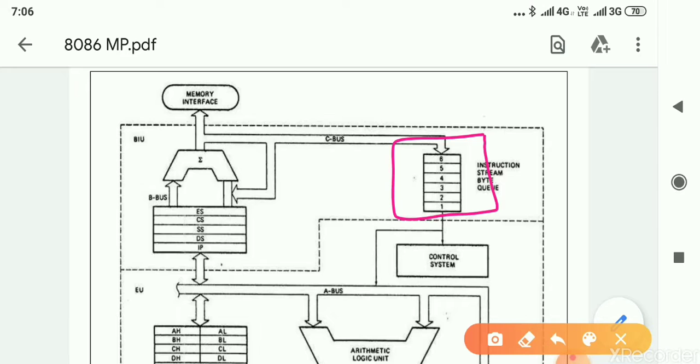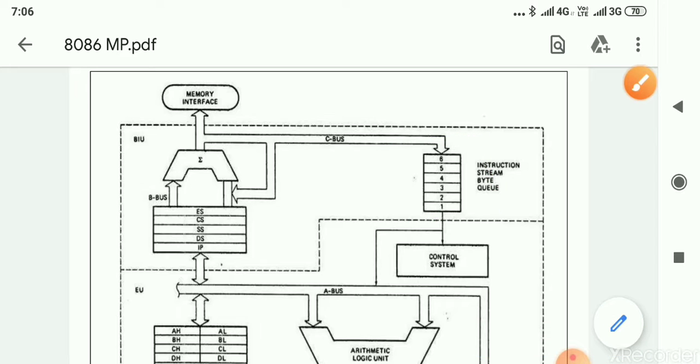The first instruction will take the maximum time, and after each cycle or each clock, one instruction will be available for execution. Okay, so the queue is mainly contained in the bus interface unit. Okay, and it also has one more part, that is the memory interface. The 1 megabyte memory is divided into 4 segments.